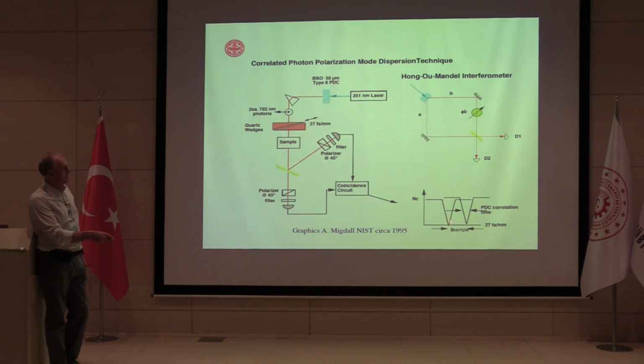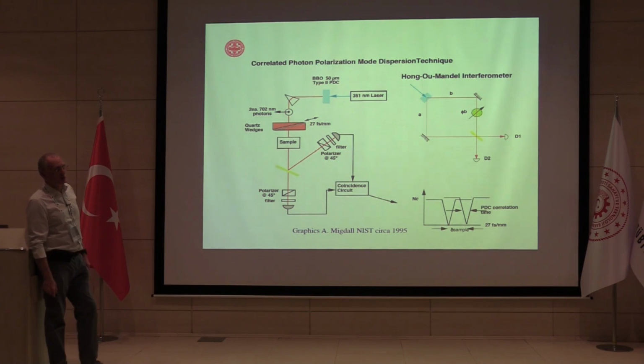The shift in the dips is a measurement of birefringence, at sub-picosecond delays. You see, it's femtoseconds per millimeter, so it's in the same range. Again, the accuracy of the measurement depends on the width of the dip.